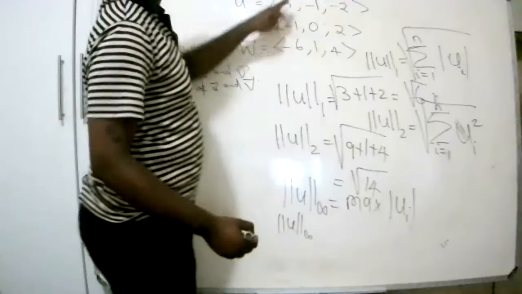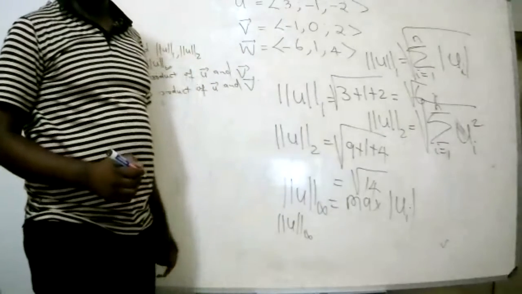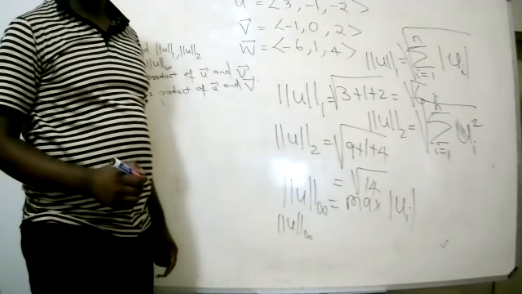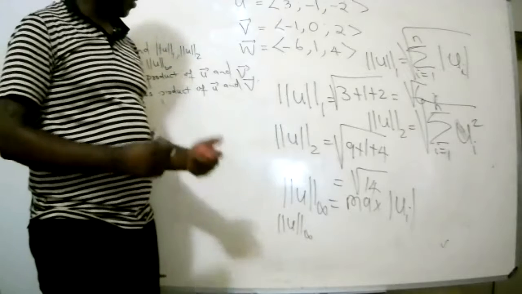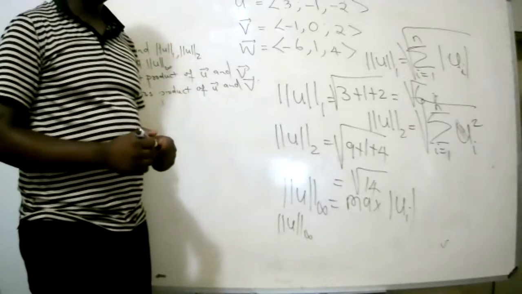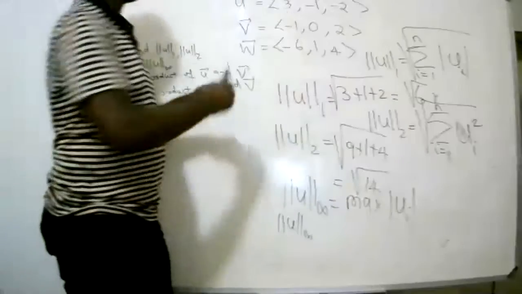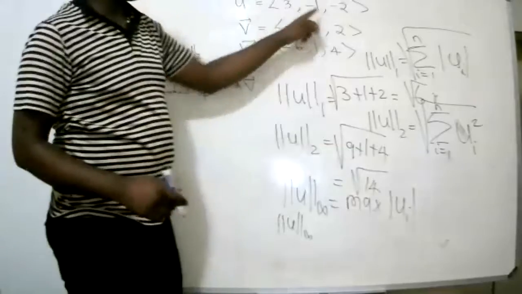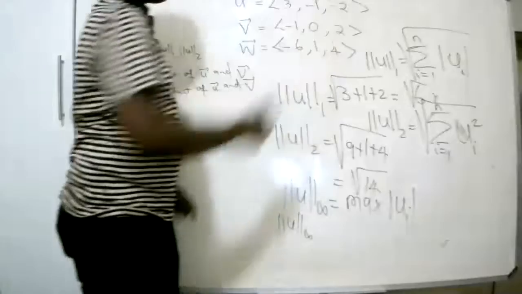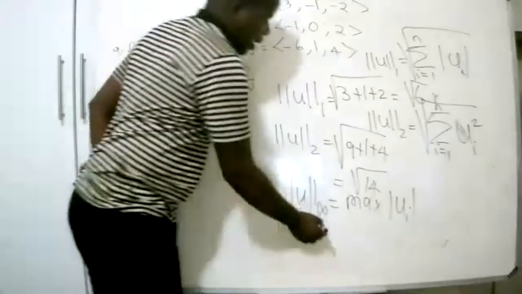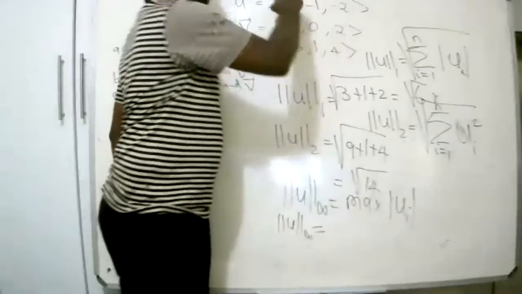We are taking the absolute of 3, which is 3, the absolute of -1 which is 1, and the absolute of -2 which is 2. Then we record the infinity norm, which is the maximum of these values.